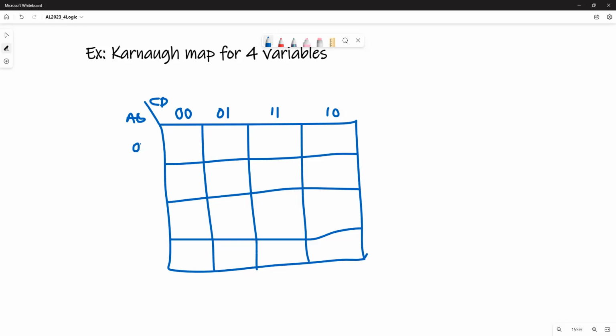Similarly, here also we have 0, 0. Right? We have 0, 1, 1, 1, and we have 1, 0. Okay, now let's write down the variables. So here we have A bar, we have B bar. So whole row we have A bar, B bar.